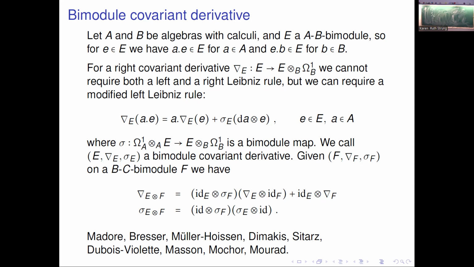And one of the nice reasons for this, I want to try and present other nice reasons for this, is that we can then have formulae giving a tensor product of bimodule connections. And there are a large list of people who worked on this from, really quite a long time ago in the physics literature and places like that, at the bottom.